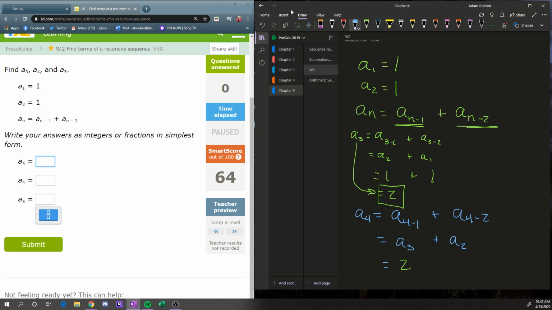And then a_2 is 1. So the fourth term in this sequence is 3.